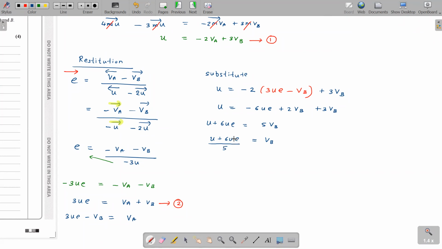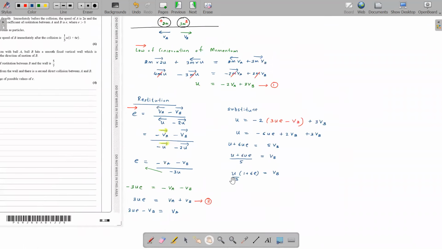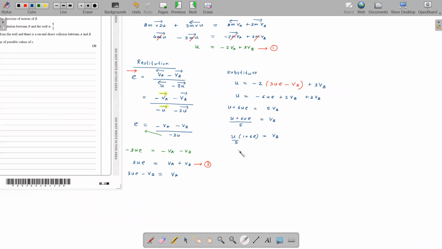I think I showed that was something with 1 over 5. And U was taken out, right? So taking U out, I get 1 plus 6E, U over 5. Is this to show that? 1 over 5U, yeah. So this is the velocity of B. This is clear.